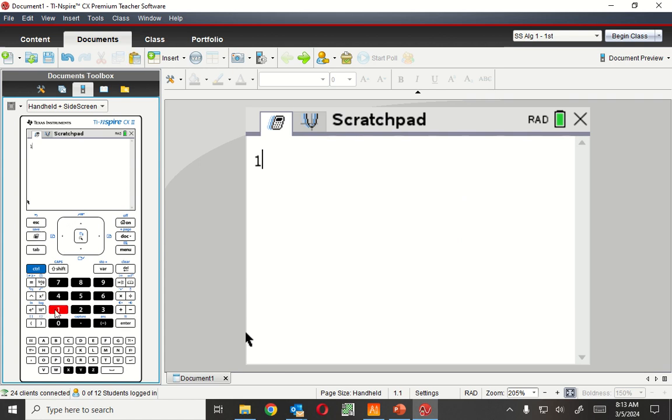So my first one was 1 times, now this is where you're going to find it. This button right here that's next to delete is called vars. If you click on that, it's going to give you your functions. You could actually have a whole bunch of different functions here, those f, g, and all those. I'm going to use f of, and then my first number was 1/2, right?